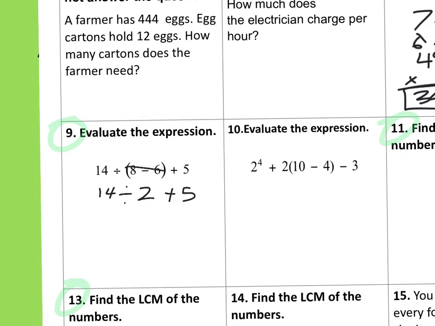Now, what do I do first? Do I divide or do I add? If you go down through PEMDAS, there's no exponents. We get to divide and multiply, then add and subtract last. So we're going to divide. 14 divided by 2 is 7. Bring everything down. 7 plus 5 is 12. So give that a try on number 10.